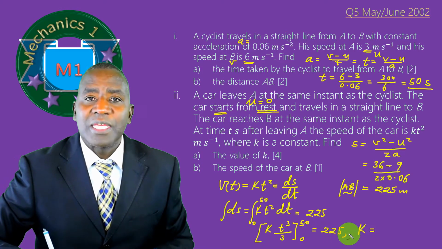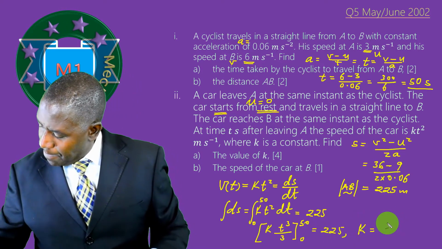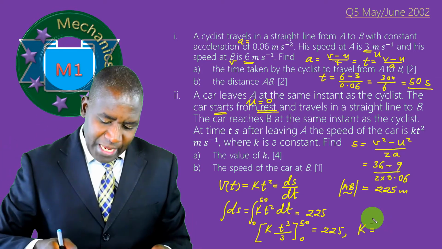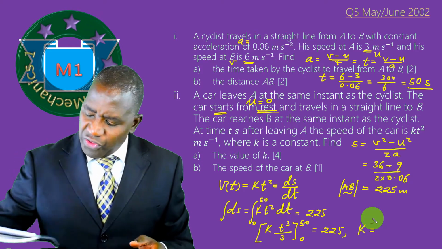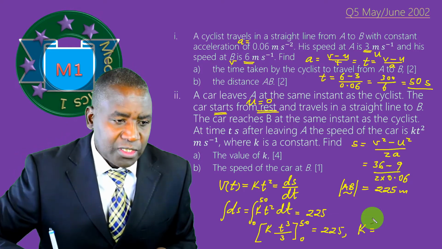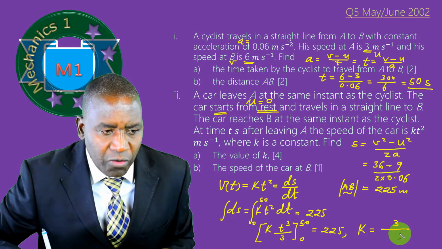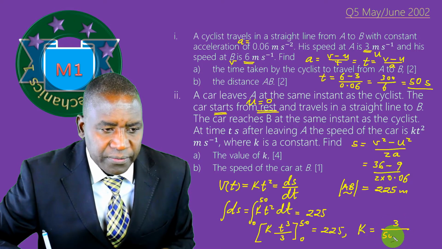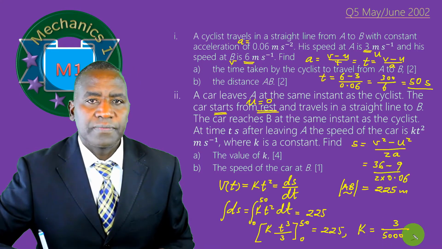And then you make k the subject. I got the value of k to be 3 over 5,000. I will leave it as a fraction, 3 over 5,000, because by the way, it is a constant.